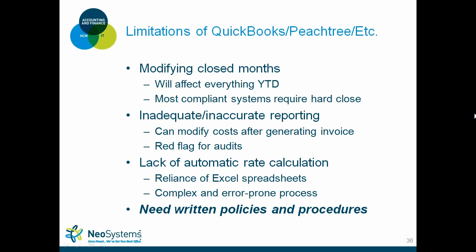With QuickBooks, you can extract the data and populate an Excel spreadsheet. Excel spreadsheets are fine, but sometimes they can be complex, and the more complex they are, the more prone to error. And most importantly, you have to have written policies and procedures as a company to even start to go after really any kind of government work.